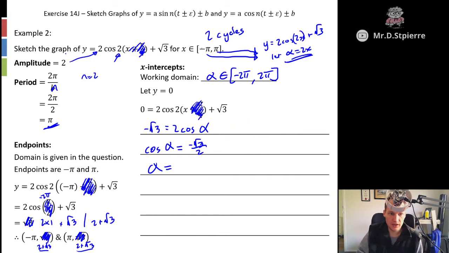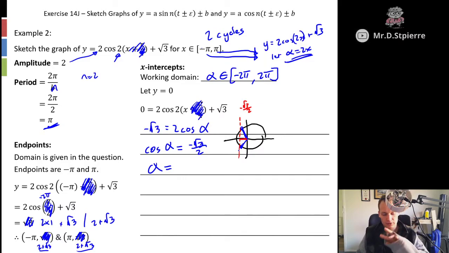So a little sketch. The horizontal distance of negative root 3 on 2. The only way we can get it would be lines in quadrant 2 and quadrant 3.